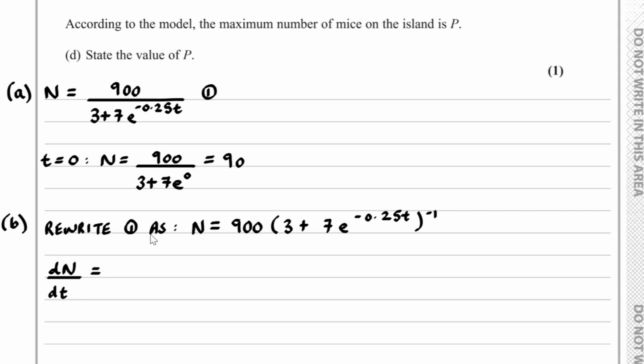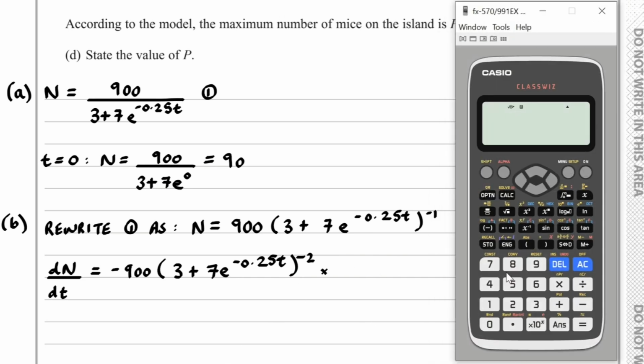So dn/dt, I've got here, I need to times by the power, so I've got minus 900, and then I subtract 1 from the power, so I've got (3 plus 7e to the minus 0.25t) to the minus 2, and then I times by the differential of the bracket.